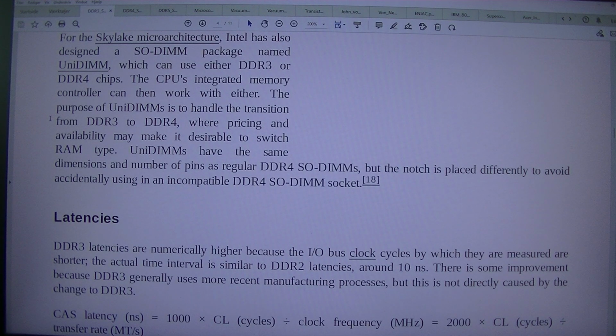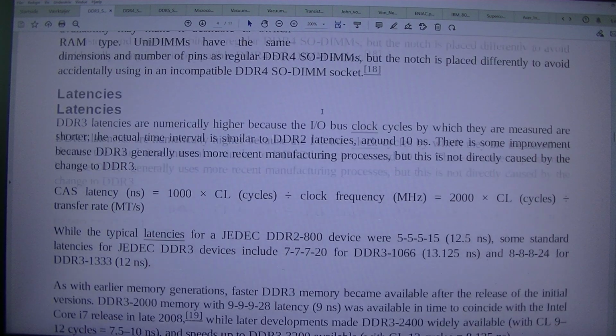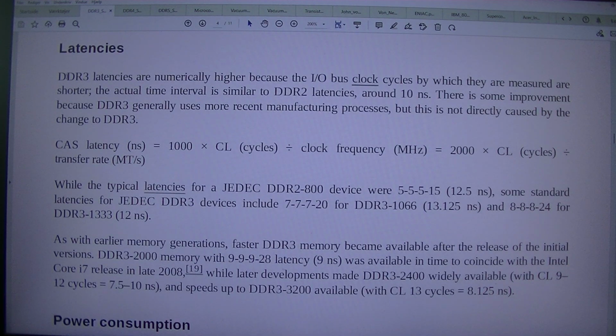Latencies. DDR3 latencies are numerically higher because the I/O bus clock cycles by which they are measured are shorter. The actual time interval is similar to DDR2 latencies, around 10 ns. There is some improvement because DDR3 generally uses more recent manufacturing processes, but this is not directly caused by the change to DDR3.